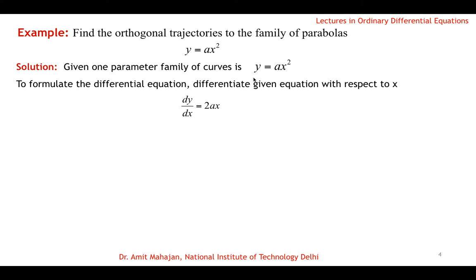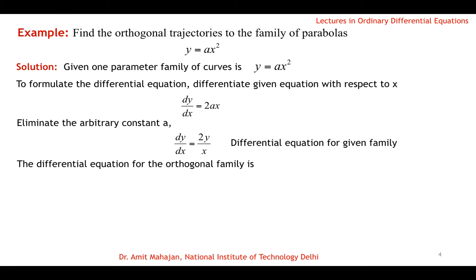So dy by dx is equal to 2ax, and then we can substitute a as y by x square to find that the differential equation for the family of parabolas is dy by dx is equal to 2y by x. Now the differential equation for the orthogonal curves will satisfy that this slope multiplied by the slope of that will be -1.